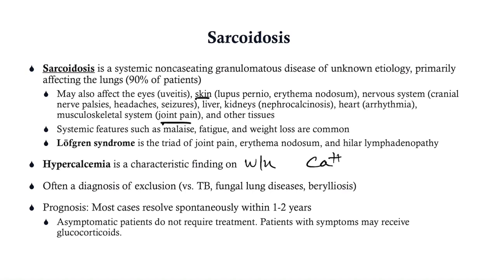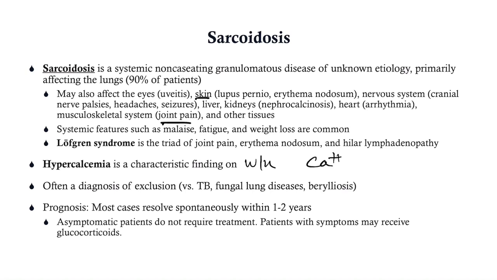So what I would recommend that you commit to memory is not only how this is diagnosed and how this presents, but also the prognosis, because you can get those questions on step 3 where they ask you, what do you tell the patient? And what you would tell the patient is, this does go away over time. Now, can it persist? Yes, but in about 3/4 of cases, this goes away over time, about 1 to 2 years.